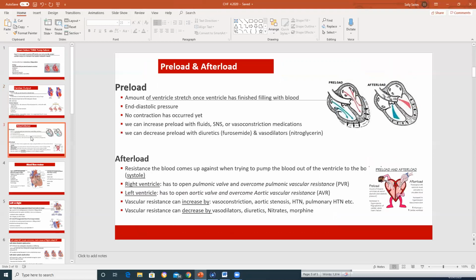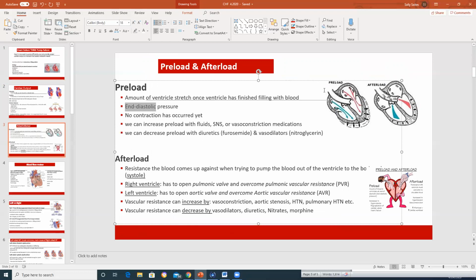So let's talk about preload and afterload. Some of you might know this very, very well, and for others, it's very confusing. So I'm going to go over it fairly well for you, and hopefully this helps you understand. So preload. Remember, diastolic function. It's the end diastolic function.